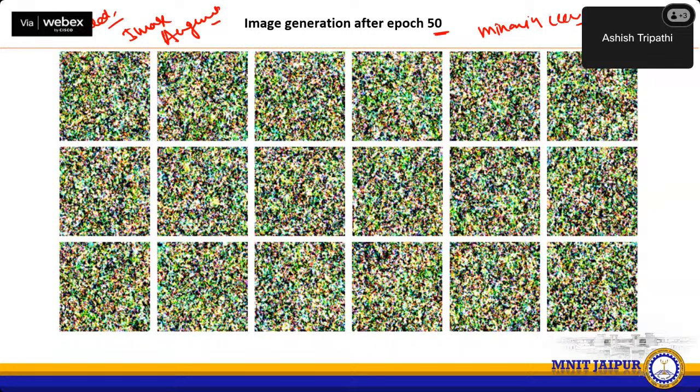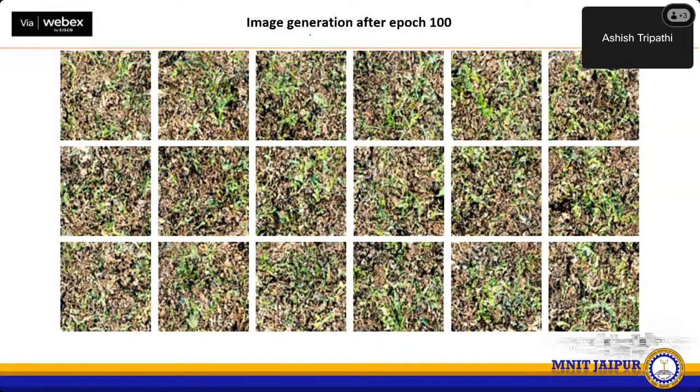So this is the result after 100 epochs. After 100 epochs, you are able to see some plant-like structures hidden in the noise, but not the actual or expected kind of images.